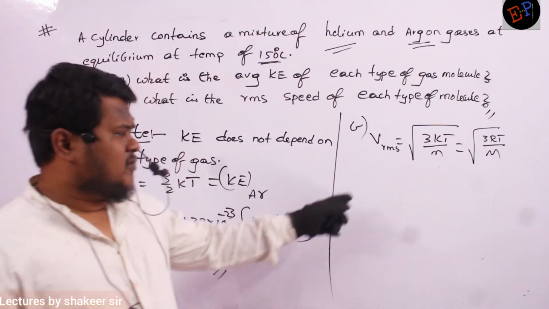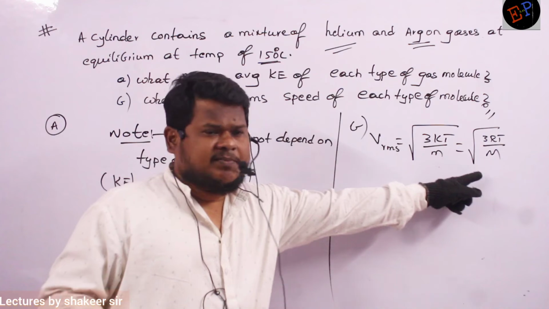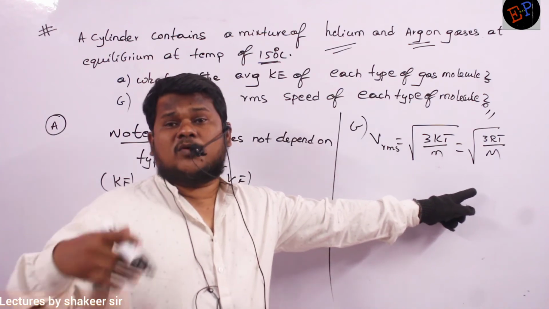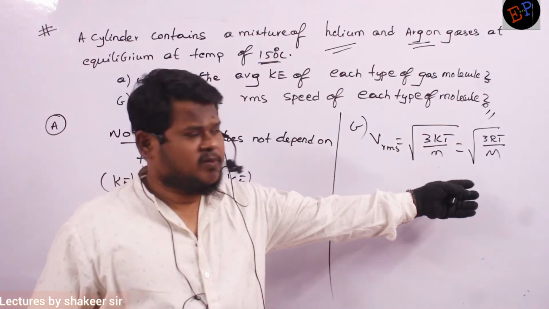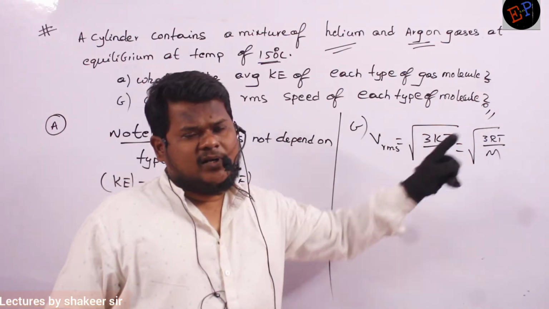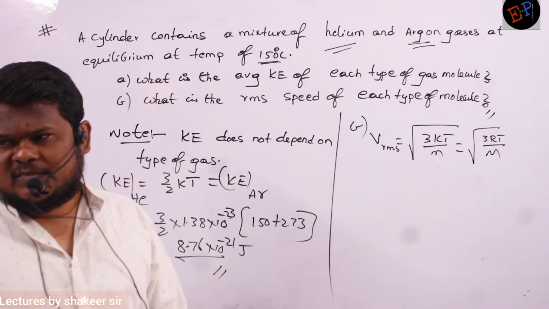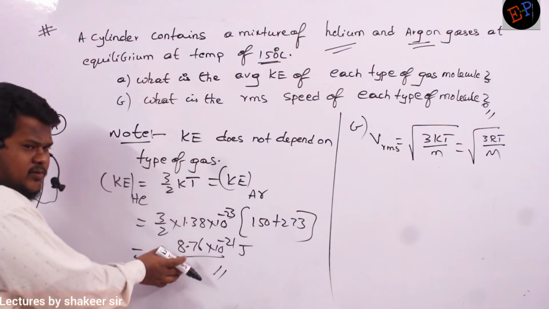Where small m is the mass of a single molecule, and capital M is the mass of 1 mole of molecules, the molar mass. You can use these relations. K value is 1.38 into 10 power minus 23, R value is 8.31. Or you can do one more thing. Kinetic energy I already know, no?